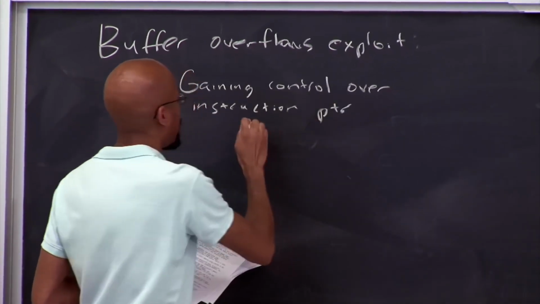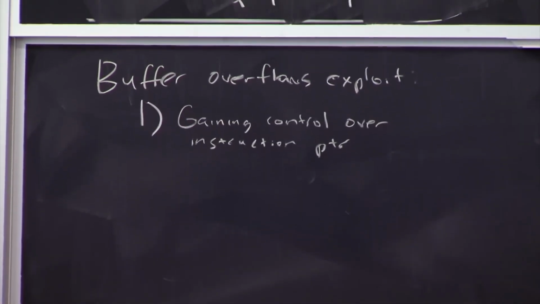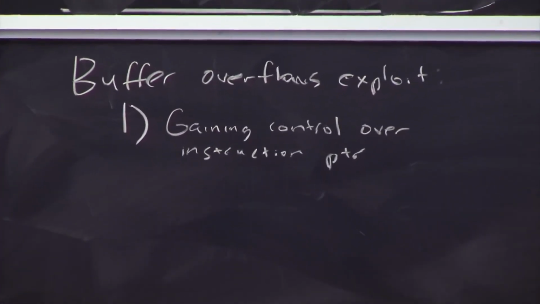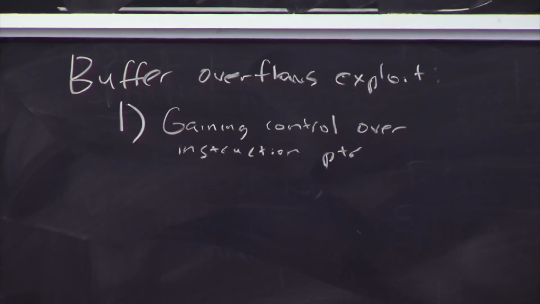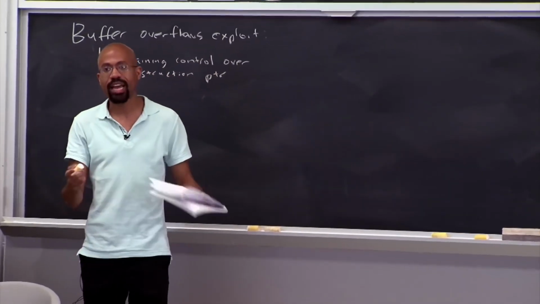By this, I mean that somehow the attacker figures out some place in the code that it can make the program jump to, against the program's will. Now, this is necessary but insufficient for an attack typically to happen.